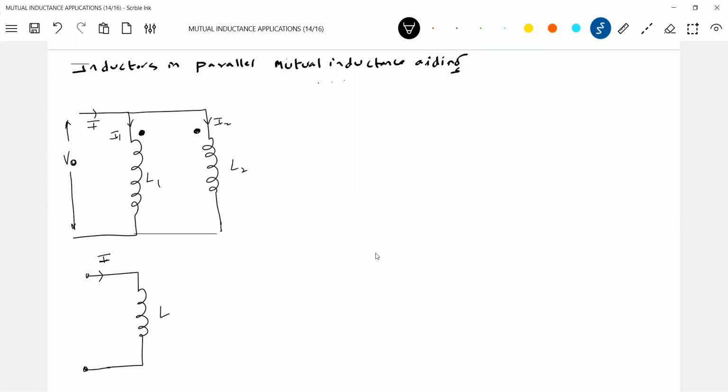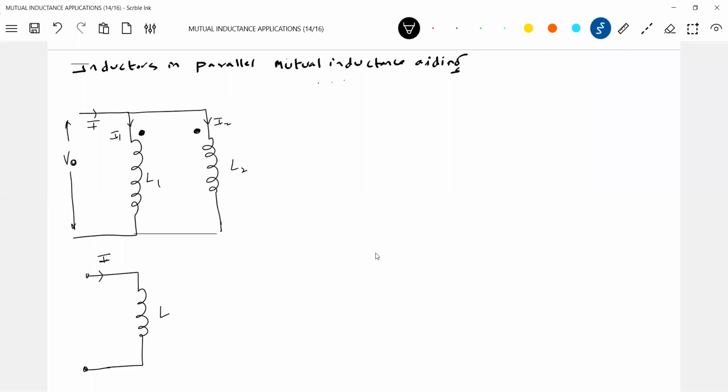Okay, how to find out the effective, how that mutual inductance has to be taken care of. Any method, because M should be brought into the picture.